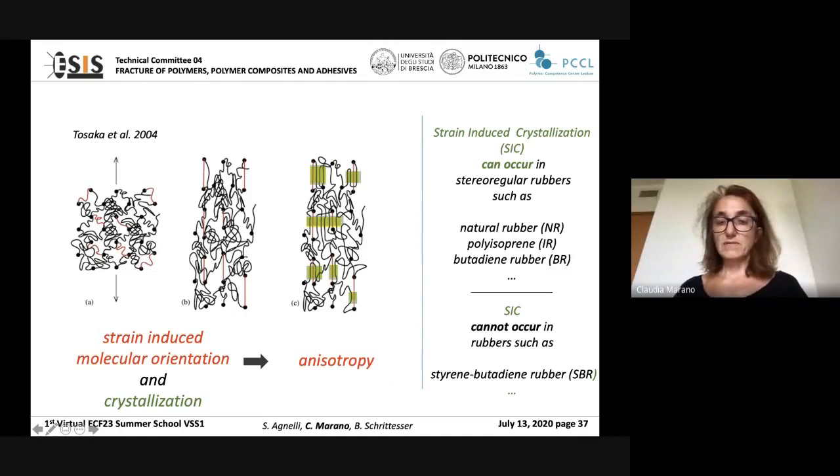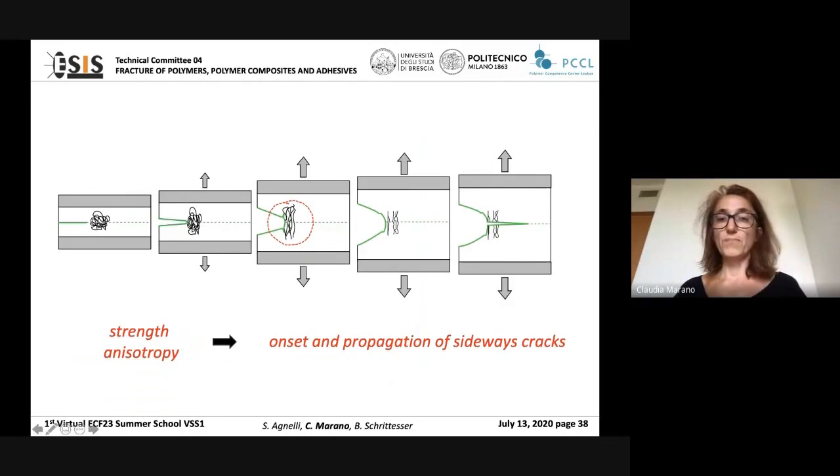So this strain-induced anisotropy gives rise to strength anisotropy because it's easier for a crack to propagate in the loading direction between the oriented molecules, breaking the weak interaction existing between the molecules, rather than propagating across the oriented molecules, breaking the strong covalent bonds. So strength anisotropy gives rise to the formation of sideways cracks.